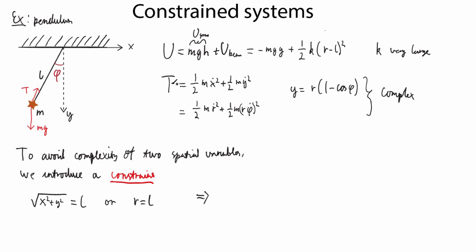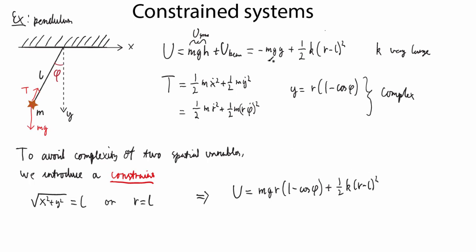kinetic and potential energies. So we had U, and we're going to work now in polar coordinates because that's really simpler. We said that U is equal to mgh, which is really mgr times 1 minus cosine phi plus 1/2 k(r minus L) squared.